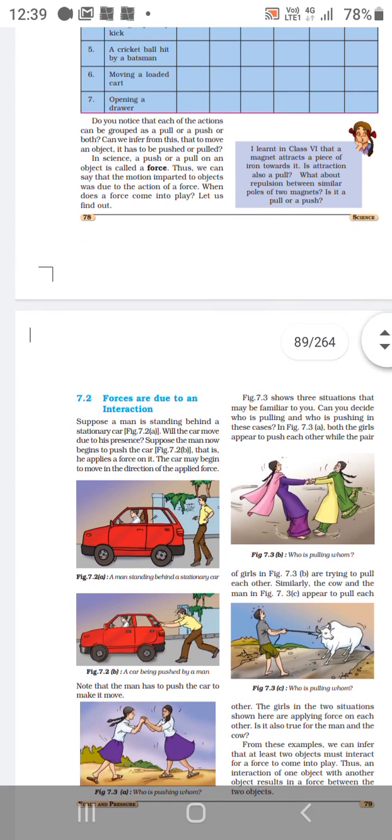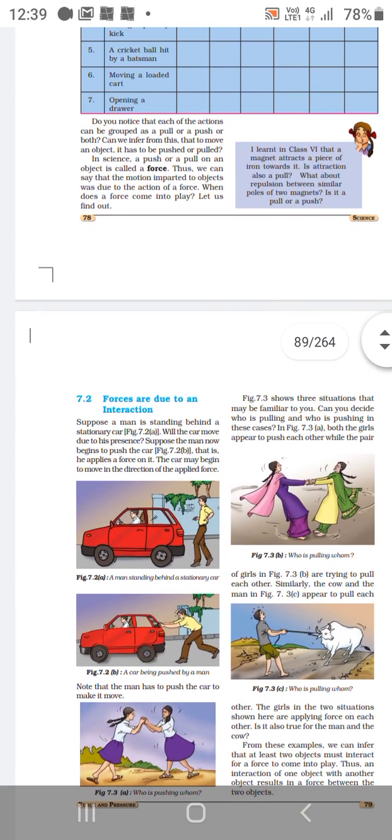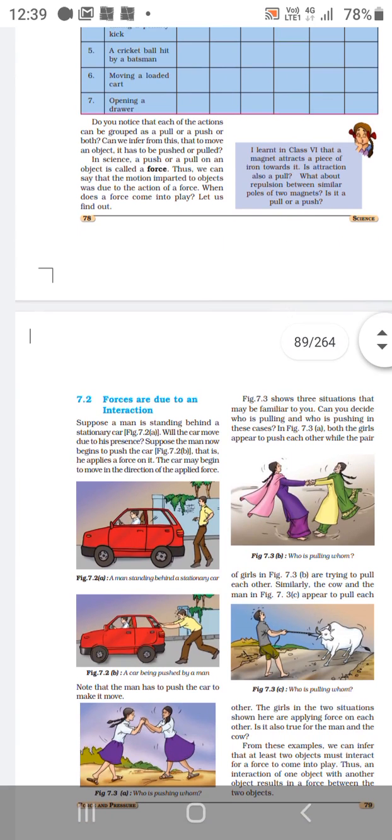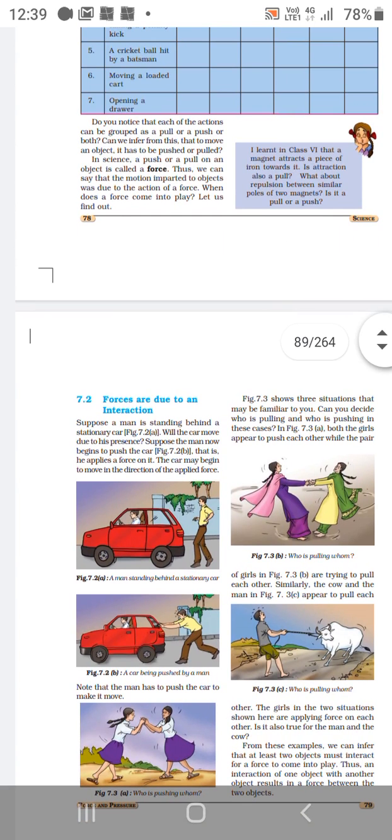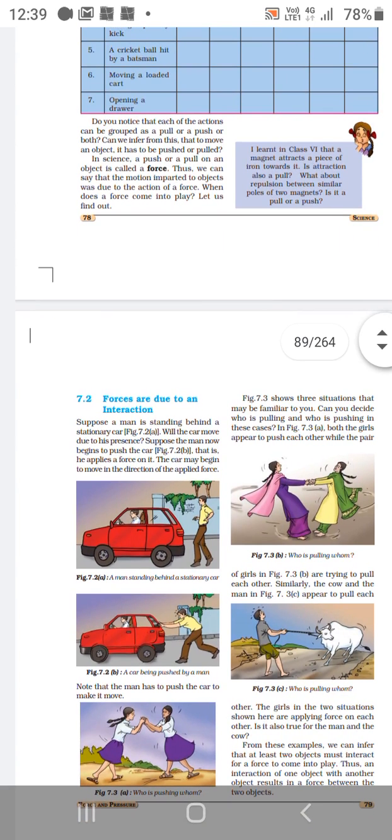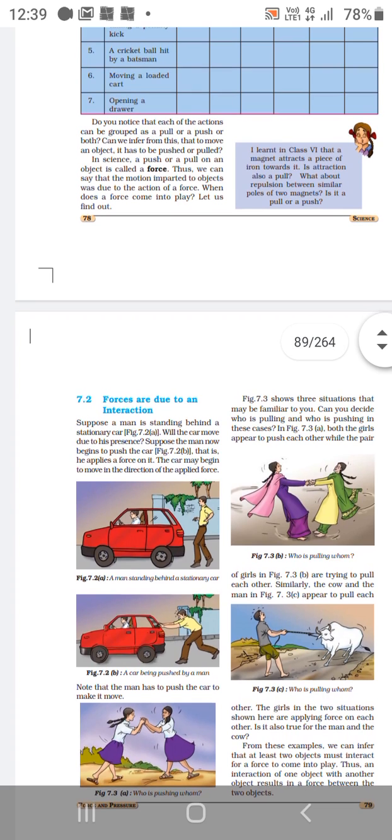Forces require interaction. For example, force requires two bodies. Then only will the force come into play. Force cannot come into play with a single body, because to apply force we need two objects: one object which is applying the force and another object upon which the force is being applied.